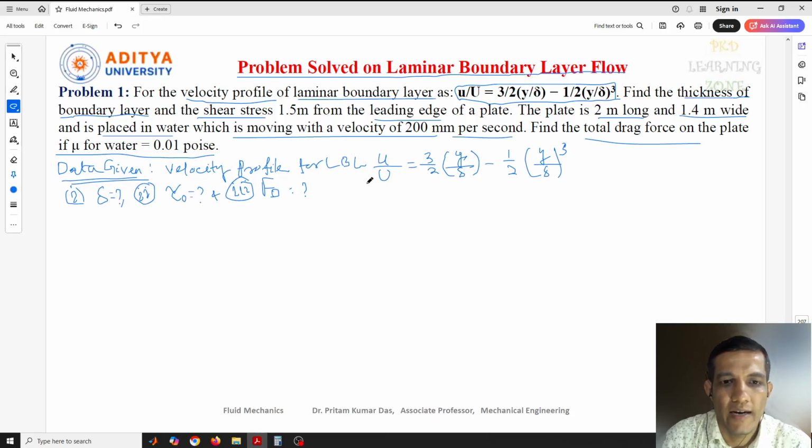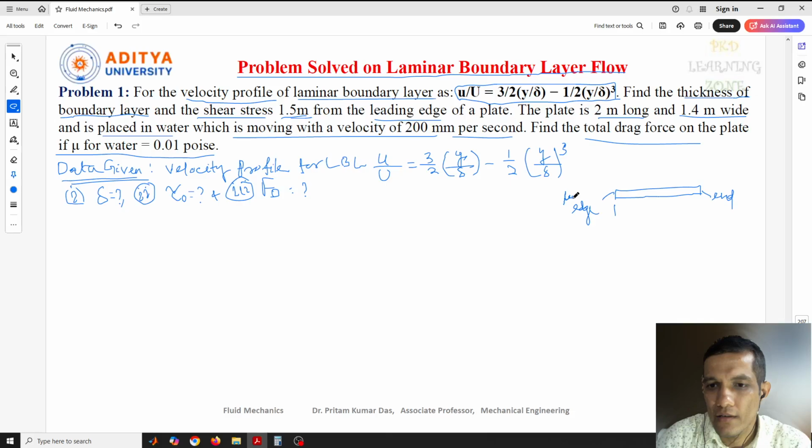Now the data given in this question. First, the distance x from the leading edge. Suppose there is a plate and we need to calculate the shear stress from this leading edge. This is the leading edge and this is the end part of the plate.